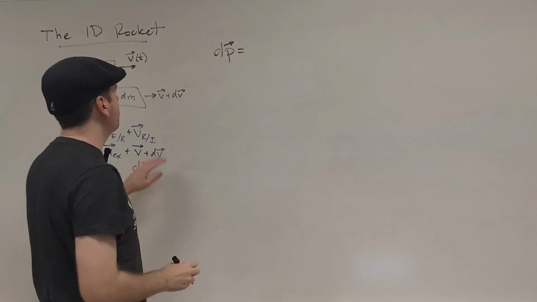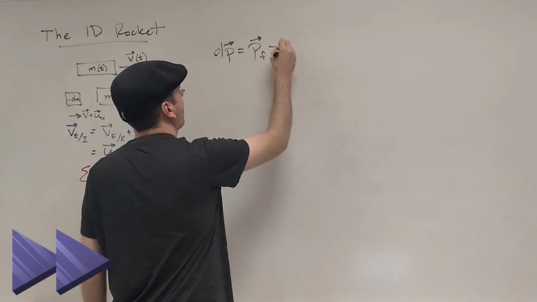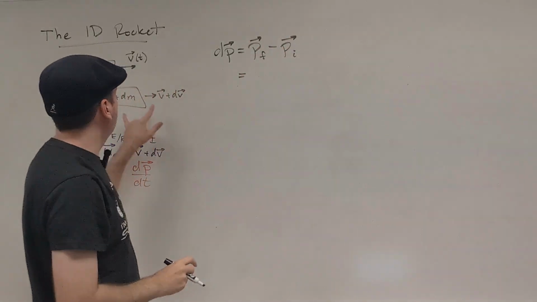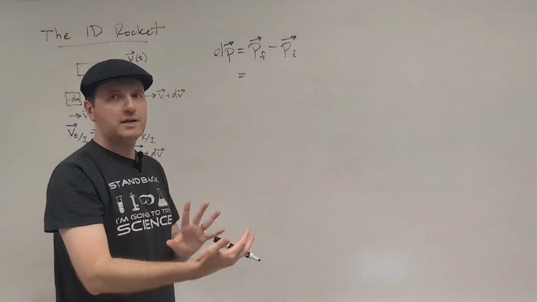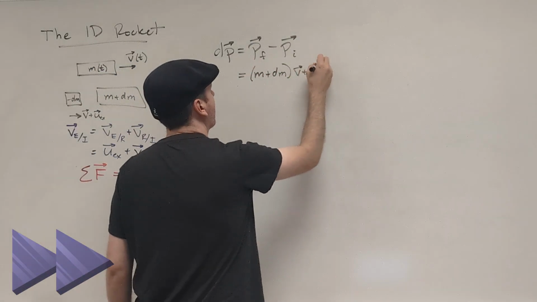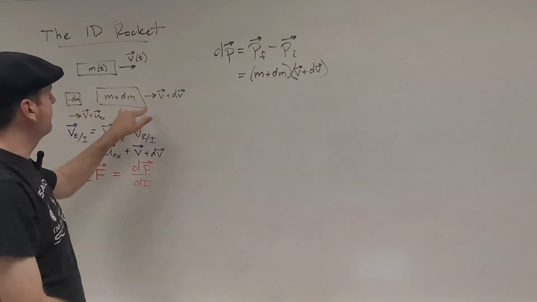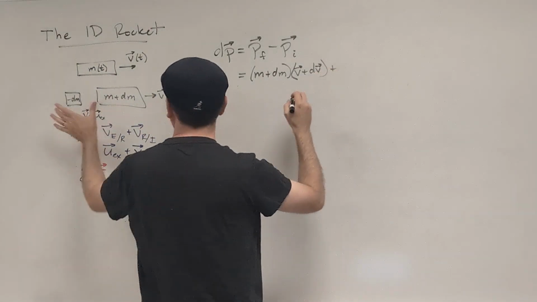So I'm going to write that as dp is going to be p final minus p initial. The final momentum of this system, everything's non-relativistic, is just the mass times velocity of all the pieces. That's the rocket piece. I also have to include the momentum of the exhaust mass.